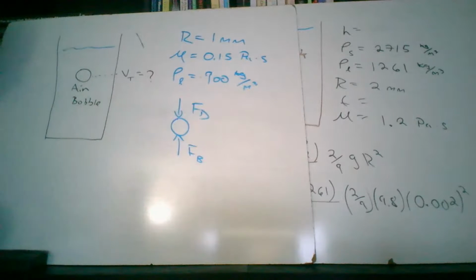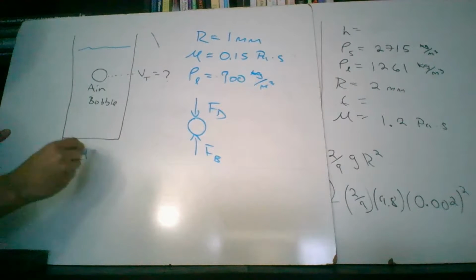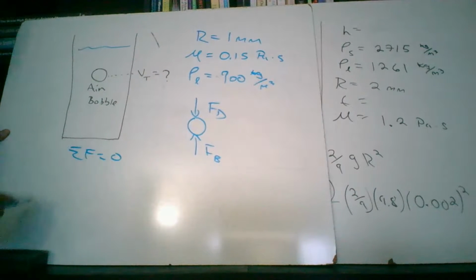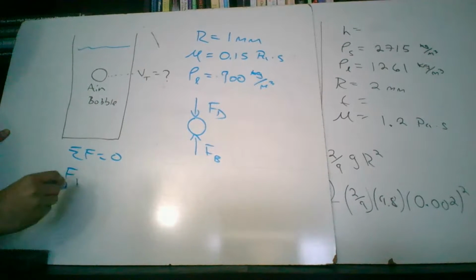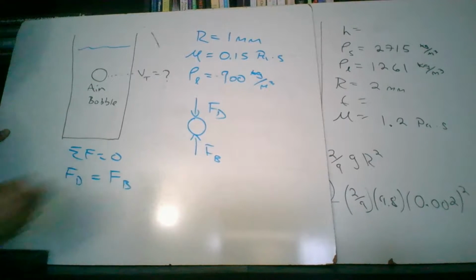If we want terminal speed, these two forces have to equal the same. So the sum of forces has to equal 0, which means that the drag force has to equal the buoyant force.